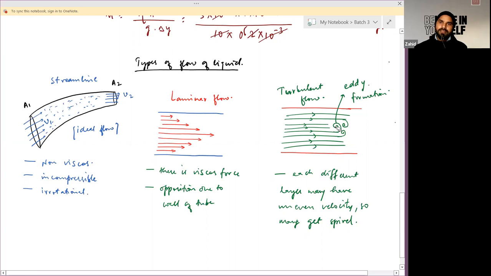So this spiraling behavior is called eddy formation. In another sense, if there is an obstacle at this point, this layer may get hit and stopped, and this adjacent layer may move ahead and find a vacant space, making it spiral. So this spiraling behavior of flow of liquid is called eddy formation, and this flow of liquid is called turbulent flow. Atif, is it clear? Yes, sir, it's clear.